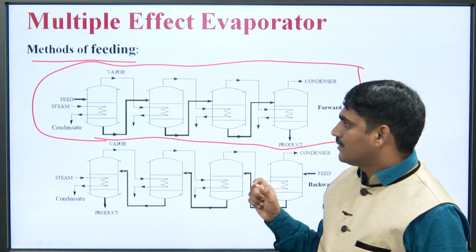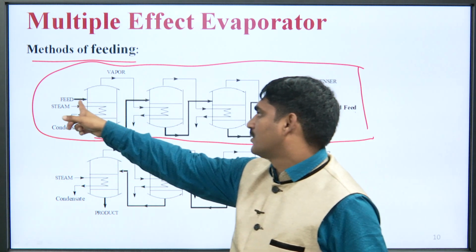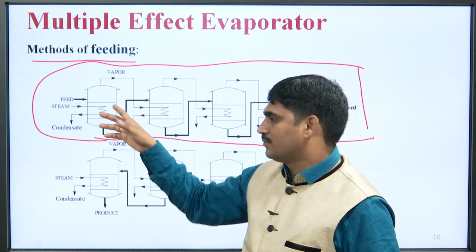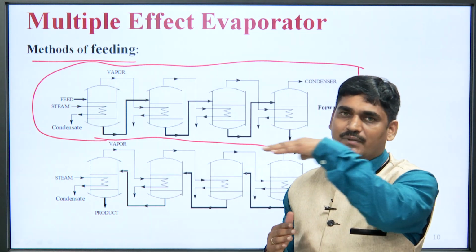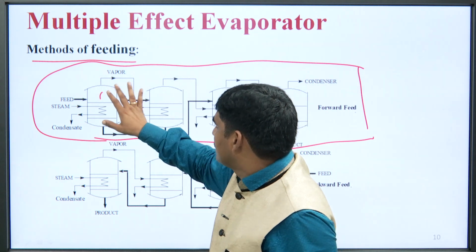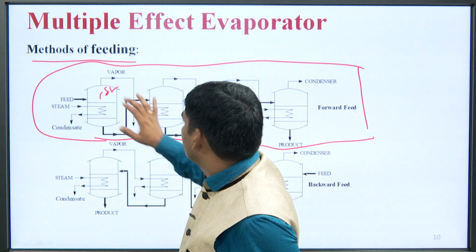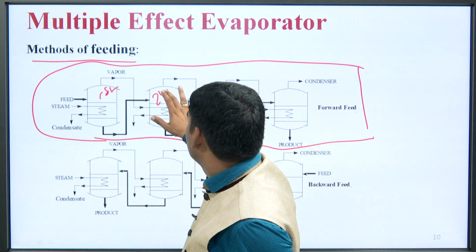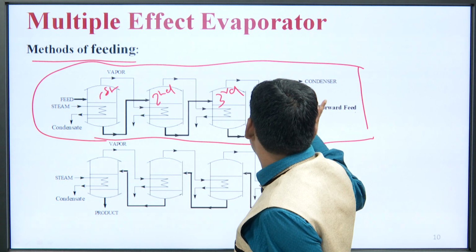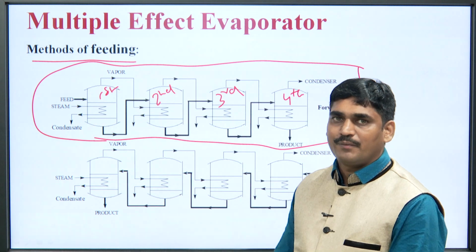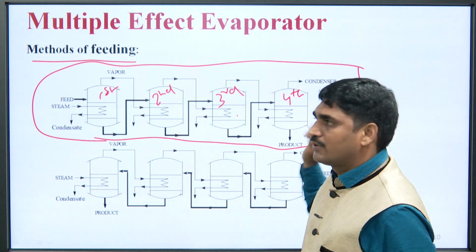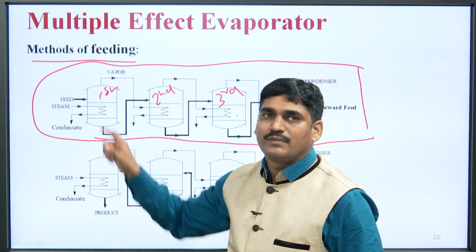Okay. In this case, why forward feed? Because the feed liquid and the steam, source of steam, both are moving in the same direction. So, this is first effect, second effect, third effect, and fourth effect.